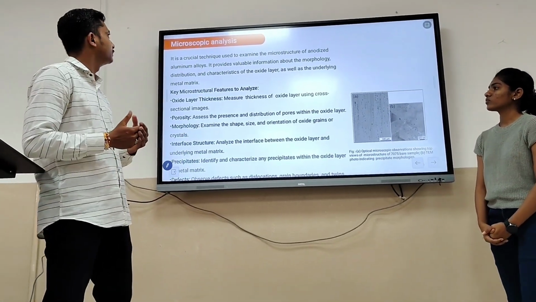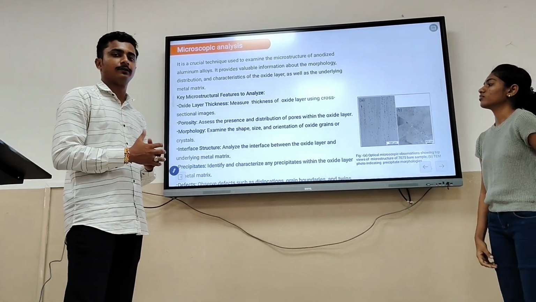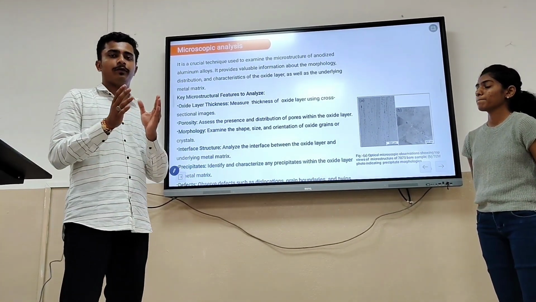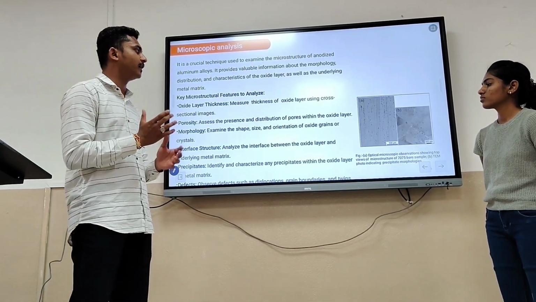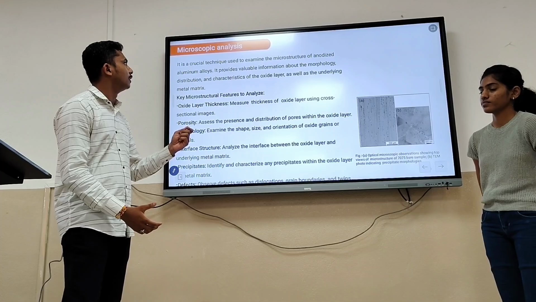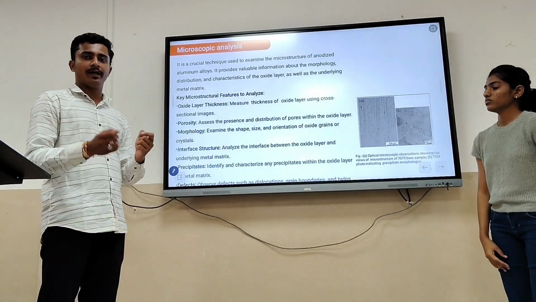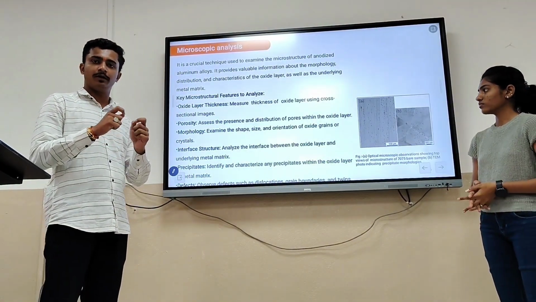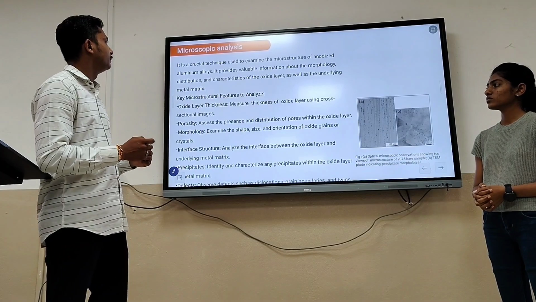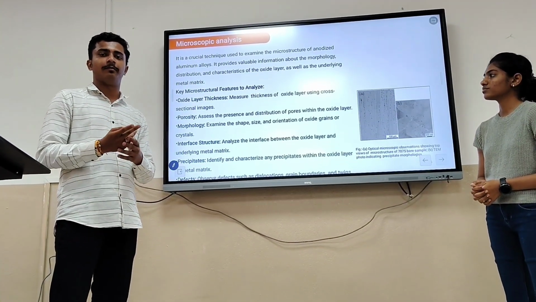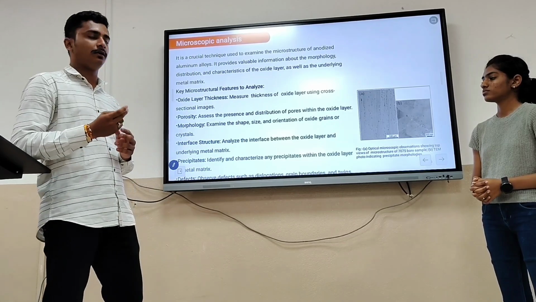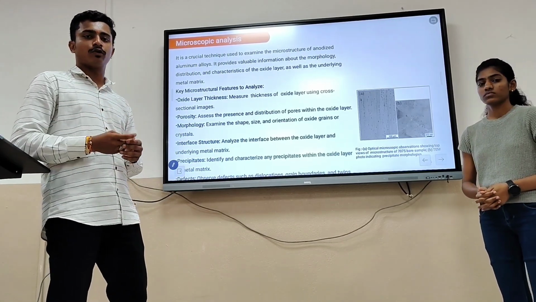So now we are seeing microscopic analysis. We have taken a research paper, and from that we have found some critical techniques used to examine the microstructural analysis of the material. We found OM and SEM, optical microscopy and scanning electron microscopy.